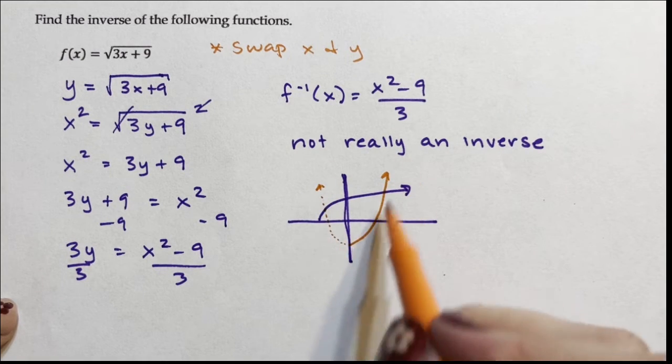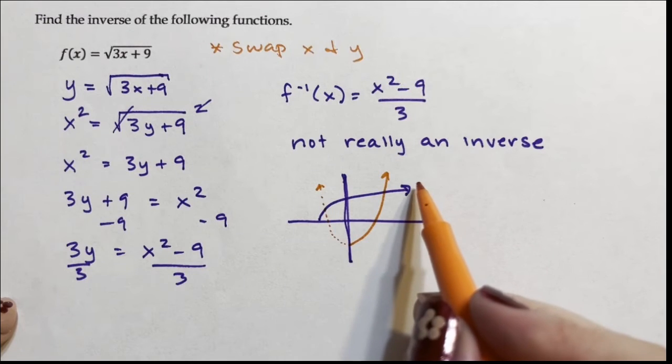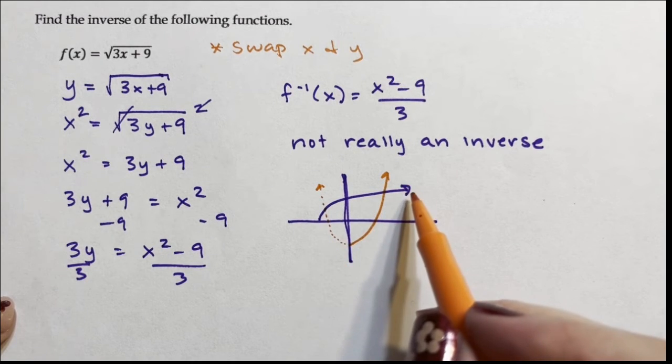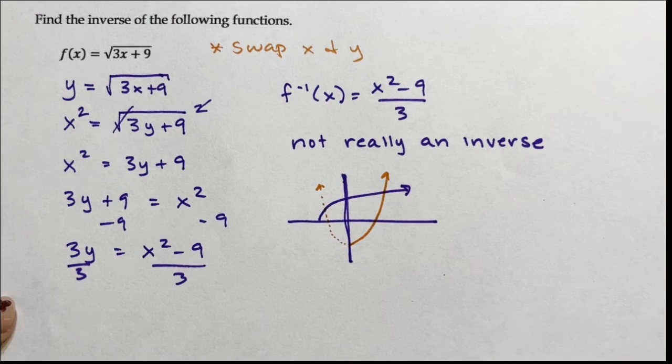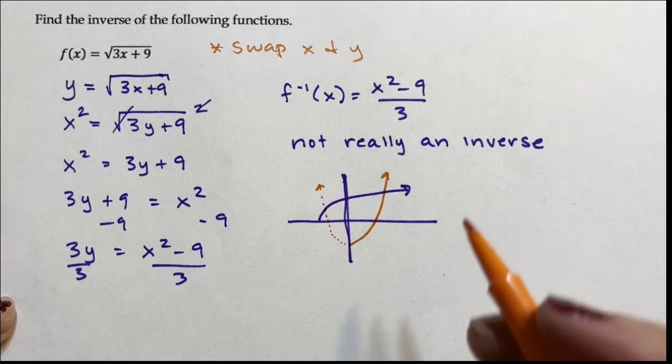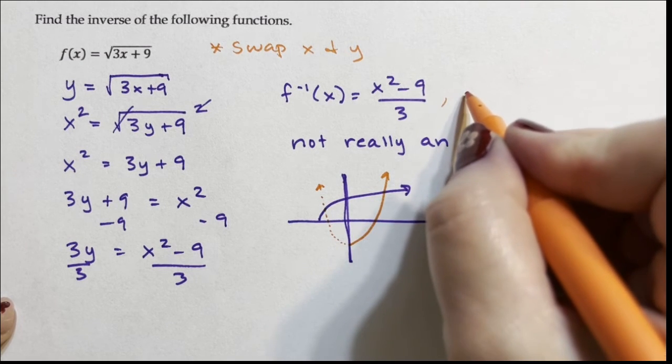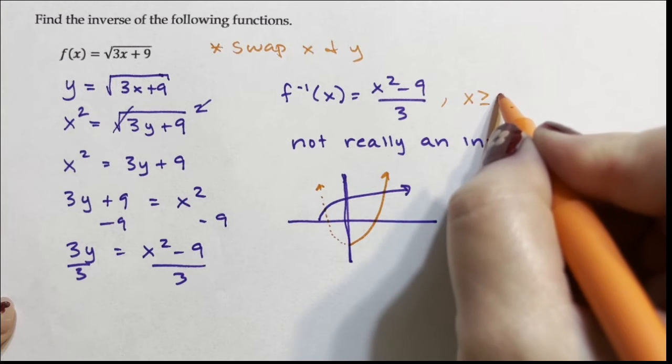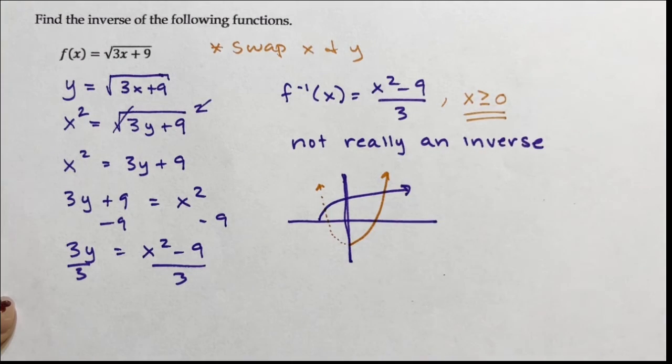And because it is a full parabola to this half parabola, this square root, they're not true inverses of each other. Only if I had done something like said x is greater than or equal to 0 and limited it, would it actually be an inverse.